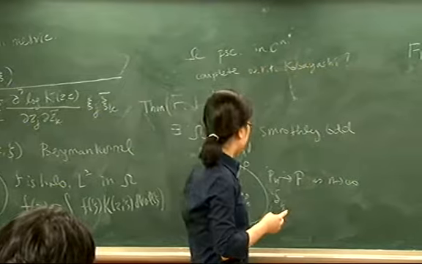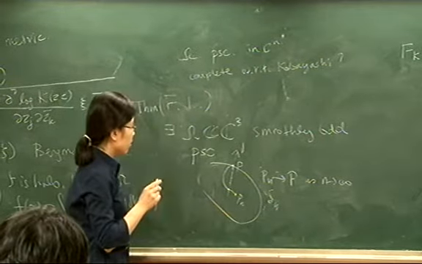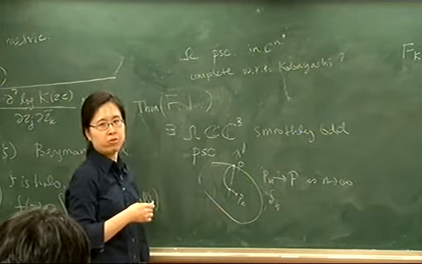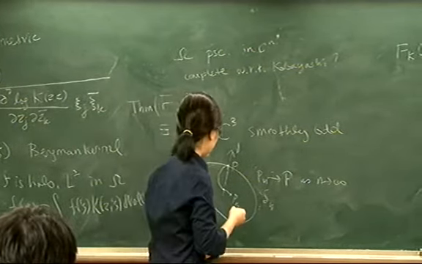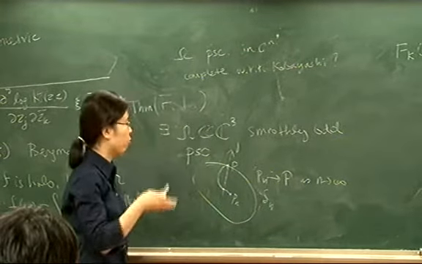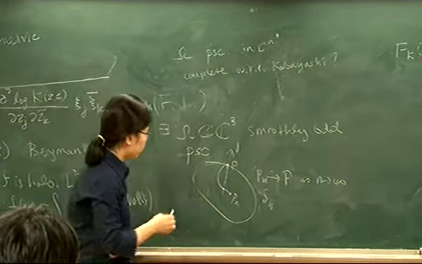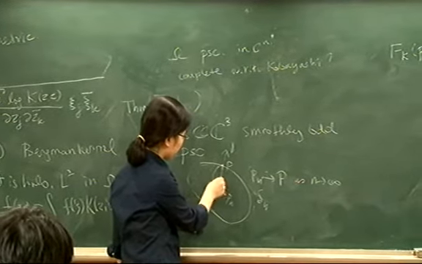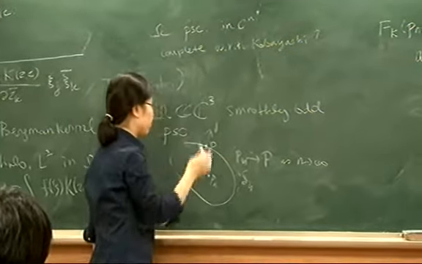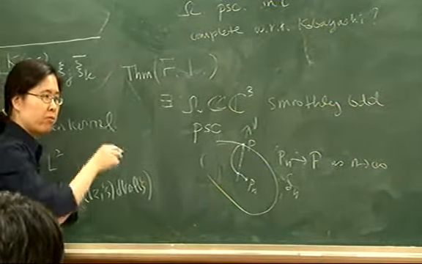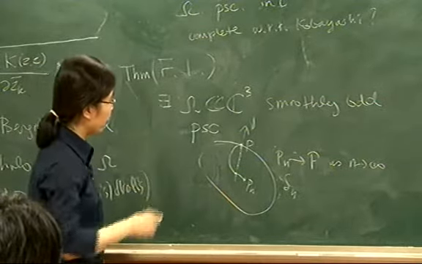But this doesn't necessarily imply that the domain is not complete with respect to the Kobayashi metric, because this is only a specific sequence. On the other points on the real line, it might behave like 1 over distance, but it doesn't behave like 1 over distance in a uniform way.